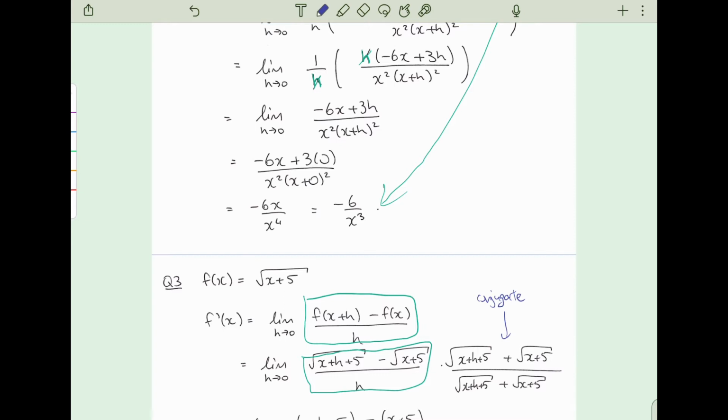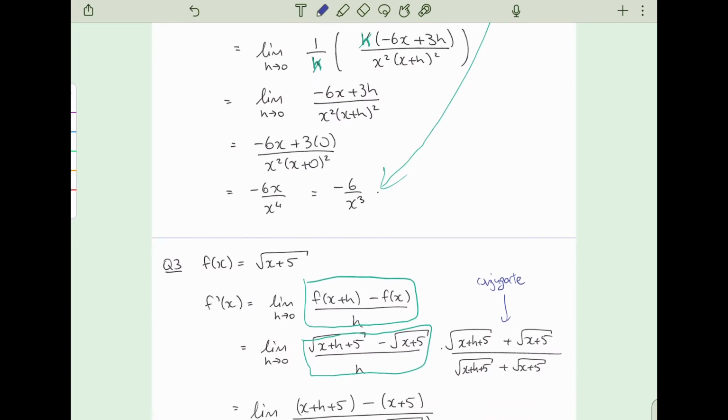Okay, multiply this conjugate here, and then we're going to make use of the difference of squares formula, which I will remind you here. That is a minus b times a plus b equals a squared minus b squared. And the purpose of using this formula is that we want to use the square to cancel the square root.